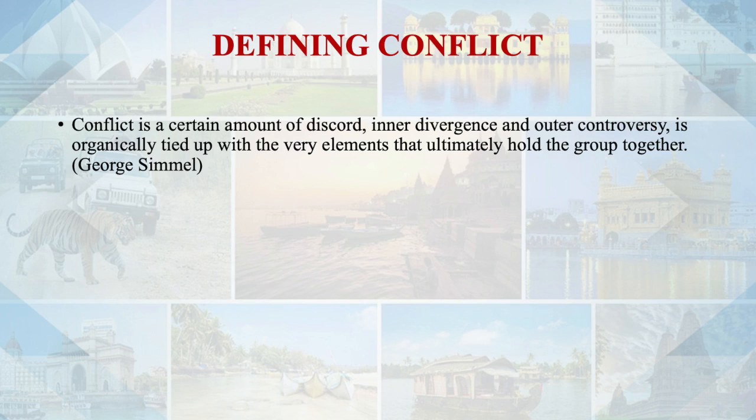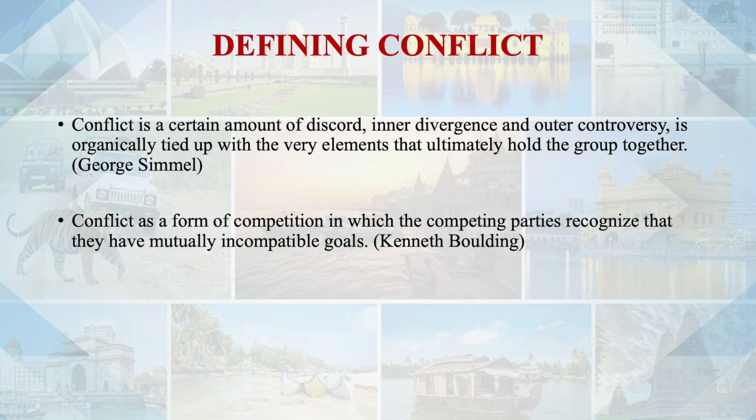See, another definition by Kenneth is conflict as a form of competition. He is considering conflict as a form of competition in which the competing parties recognize that they have mutually incompatible goals. So Kenneth says that conflict is nothing but a kind of competition where competing parties recognize that they have mutually incompatible goals.